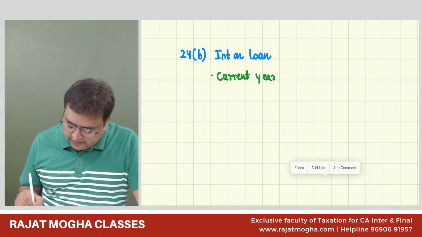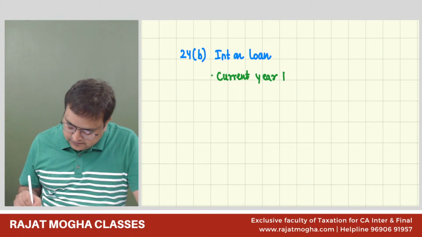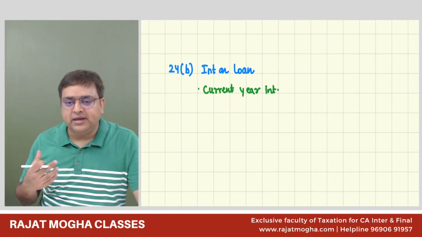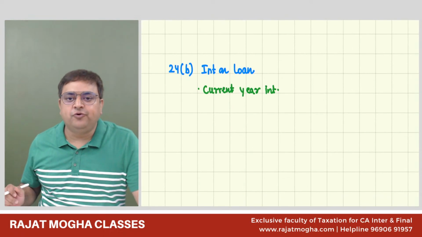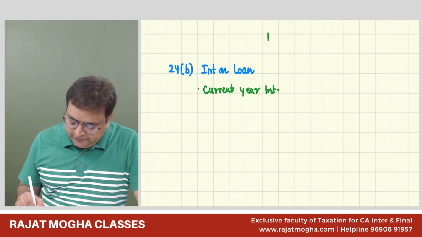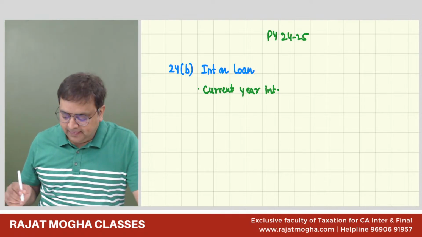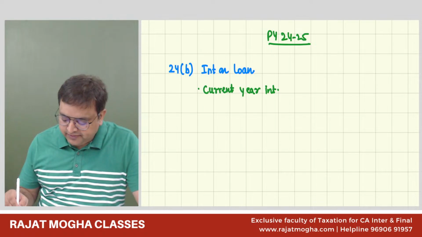What is current year interest? Obviously, we are doing this for the previous year 24-25, that is assessment year 25-26. So the current year starts from this date.